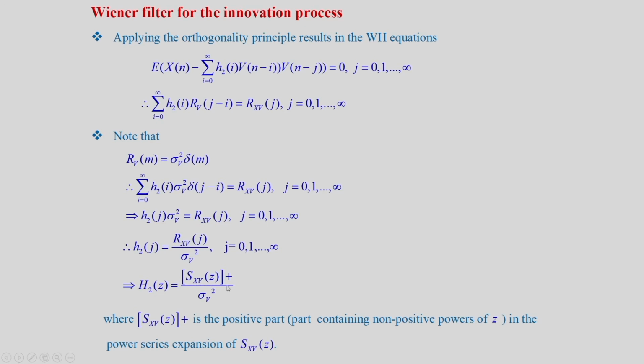Therefore, we have to consider only the positive part of the z transform, that is h2 of z is equal to positive part of sxv z divided by sigma v square, where the positive part is the part containing the non-positive powers of z, that is z to the power 0, z to the power minus 1, z to the power minus 2, etc. in the power series expansion of sxv z. Therefore, h2z will be given by the positive part of sxv z divided by sigma v square.